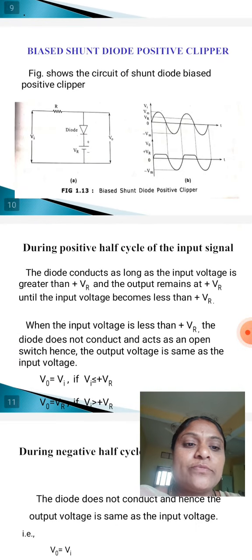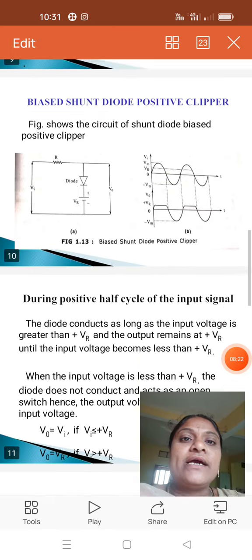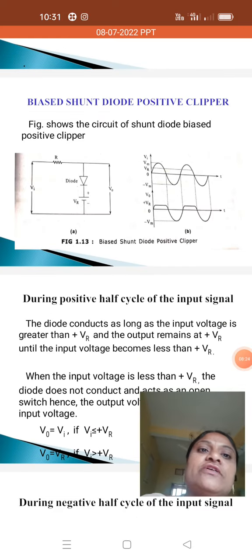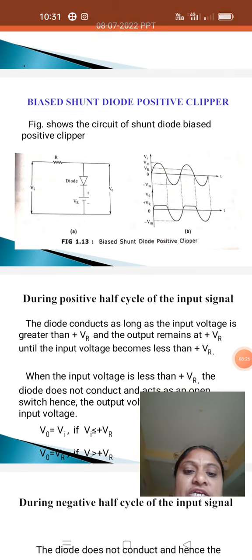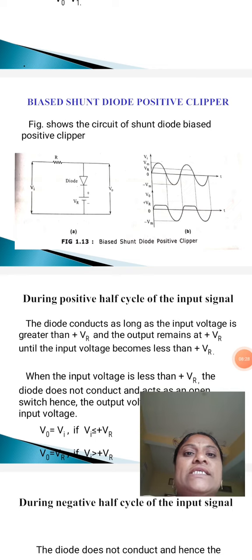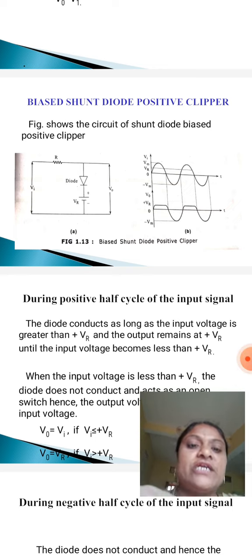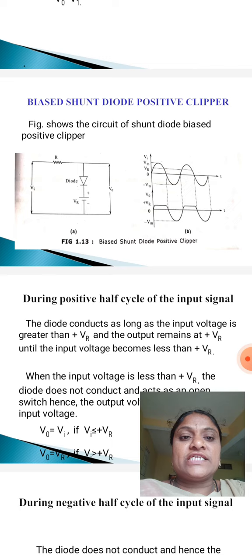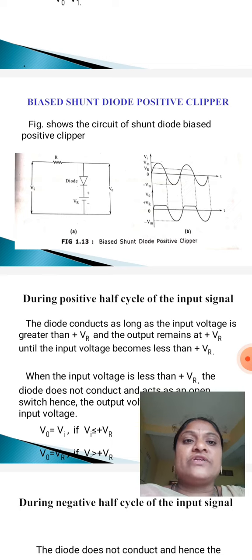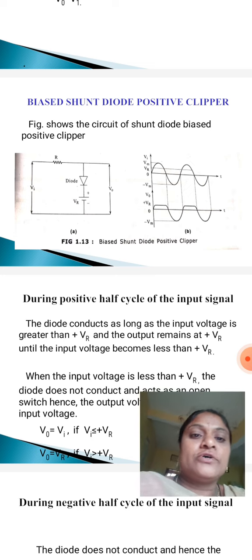And the second topic is the biased shunt diode positive clipper. See this figure and the input and output waveforms of the biased shunt diode positive clipper. This figure shows the circuit of the shunt diode biased positive clipper.